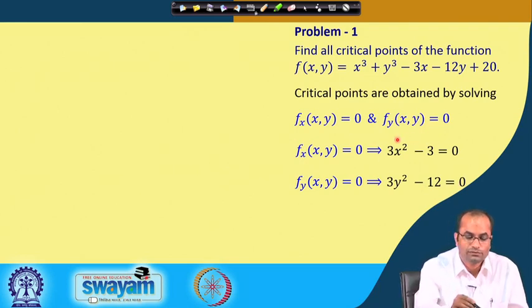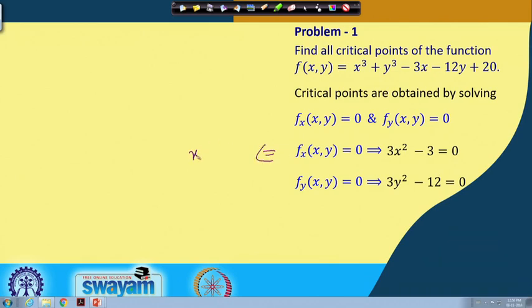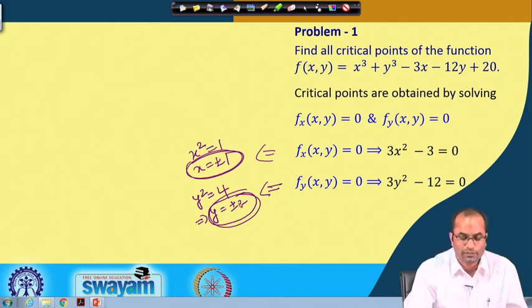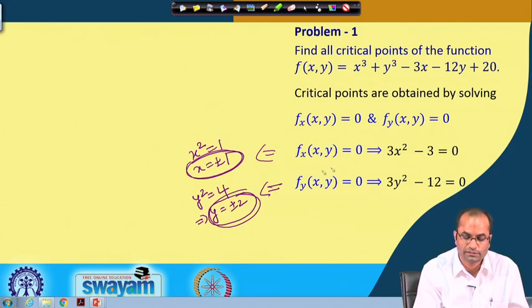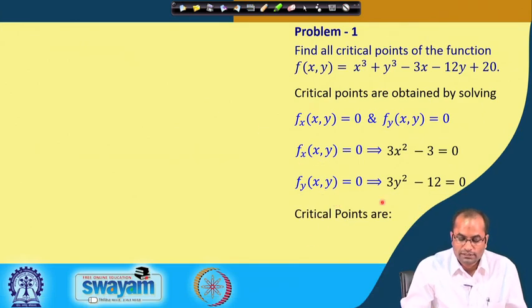From the first condition we get x^2 = 1, so x is plus or minus 1, and from the second condition we get y^2 = 4, which implies y is plus or minus 2. So, at all these points, where x is plus or minus 1 and y is plus or minus 2, f_x is 0 and f_y is also 0. So, these are the critical points.